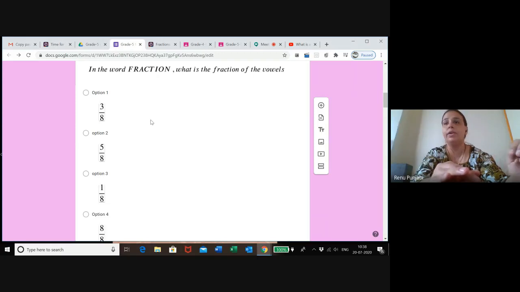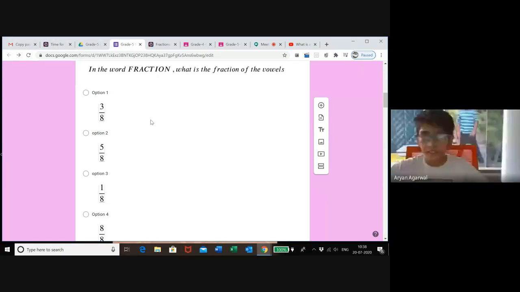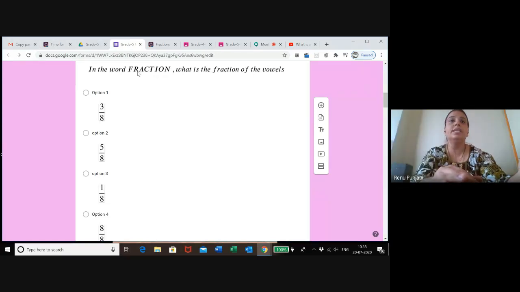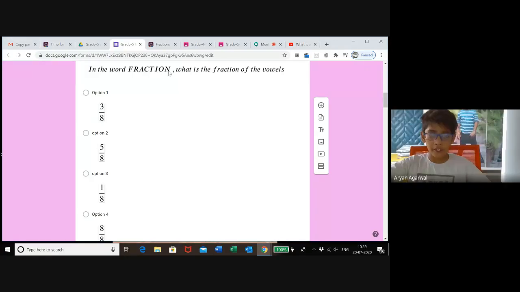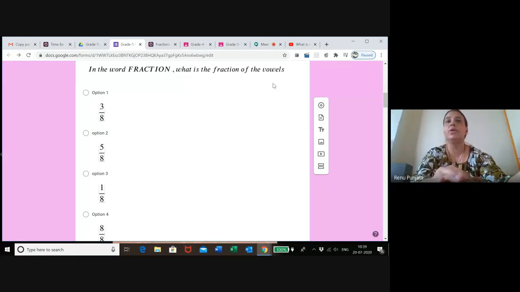You have learned vowels in English, right? A is a vowel, I is a vowel, and O is a vowel. So there are 3 vowels. And the total letters are 1, 2, 3, 4, 5, 6, 7, 8. So the answer is 3/8.